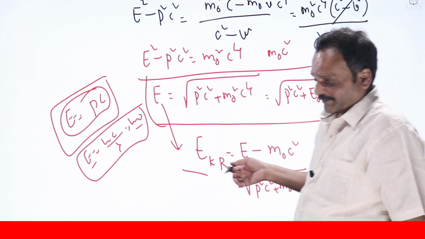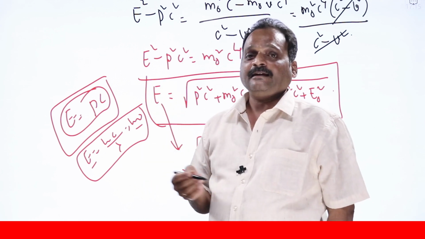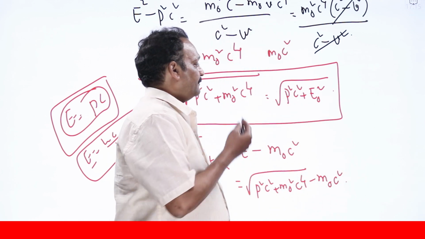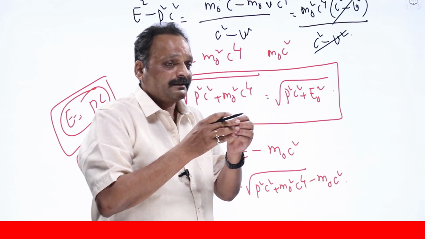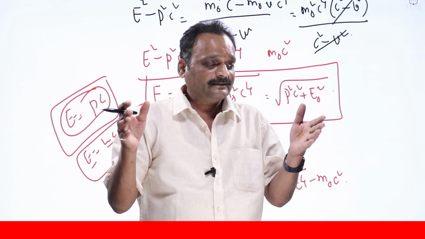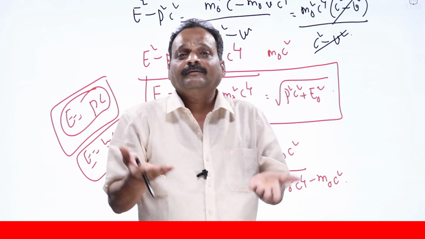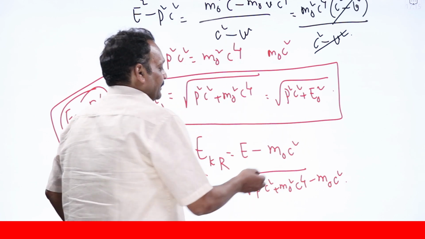Again, at the end of nuclear physics we will come across the same expression. From here we will go into what is known as pair production, how energy can be converted into mass. If an electron should be created, what is the rest mass energy of the electron? M naught c square.